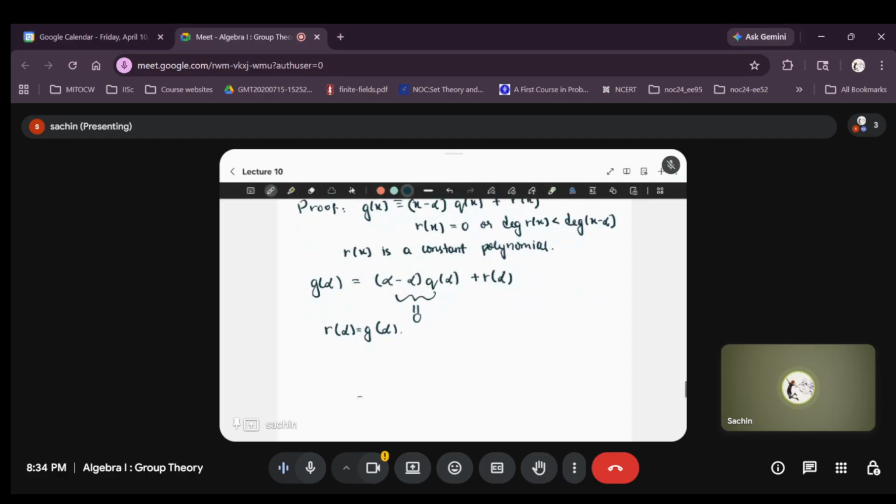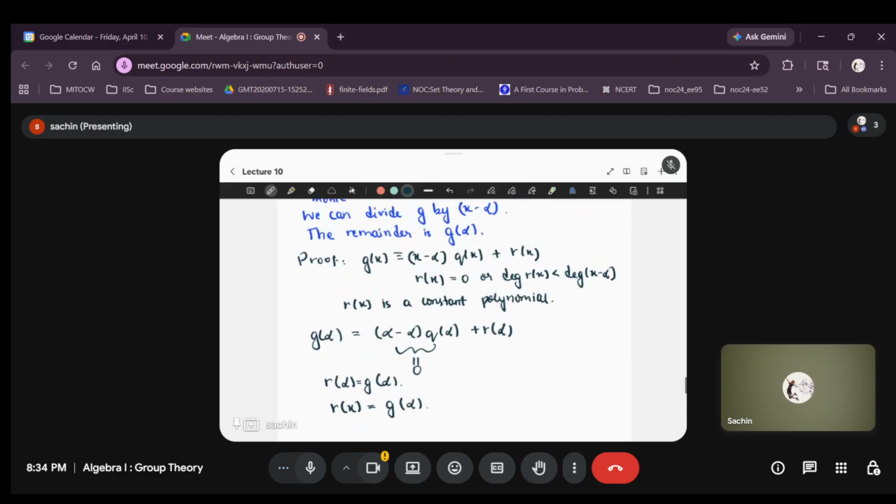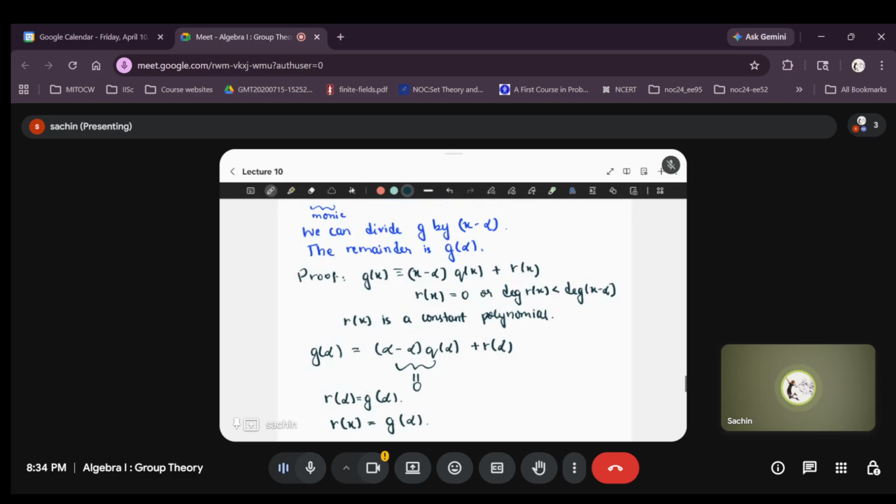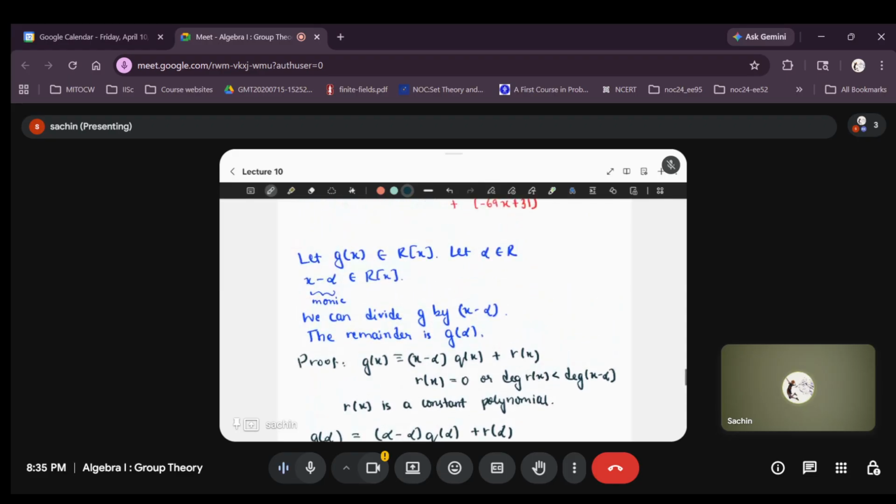So whether you substitute alpha or some other value of x, it will have the same value. So r of x is g of alpha for all x. What is r of x? It is the remainder when you divide g of x by x minus alpha. So that means if you divide g of x by x minus alpha, the remainder is g of alpha.